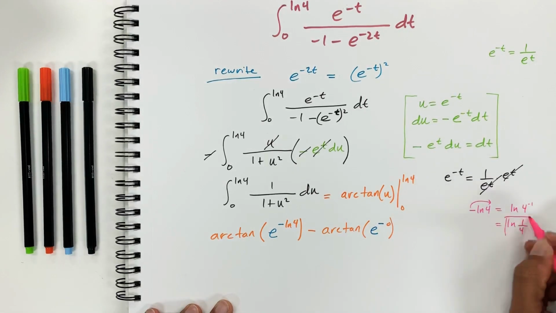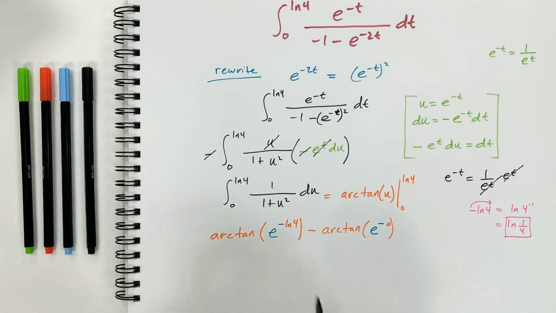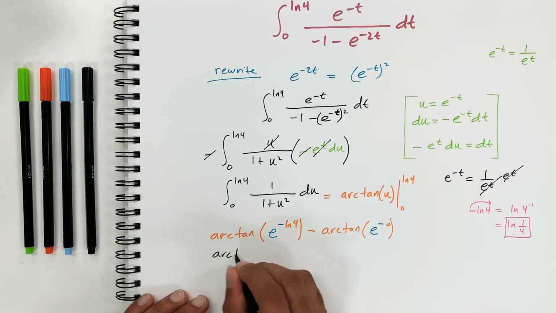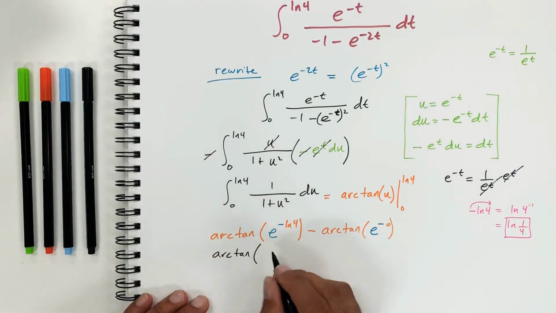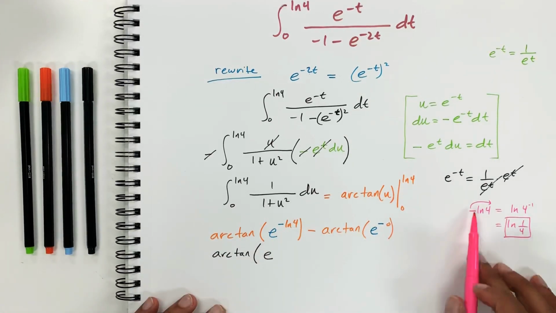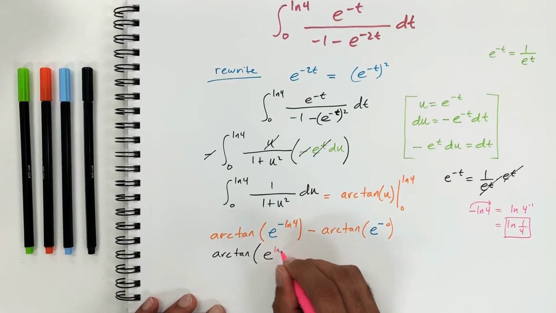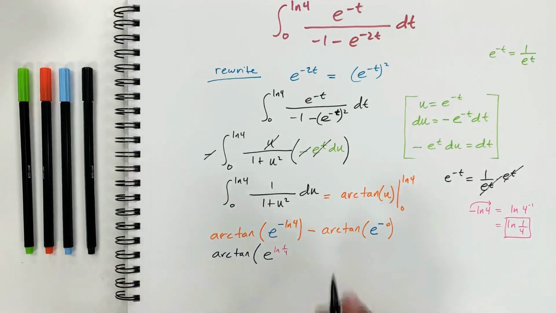So I'll write that in place of the top part. So I have arctangent of e to the ln of 1 over 4; we no longer have a negative because we placed it on top.